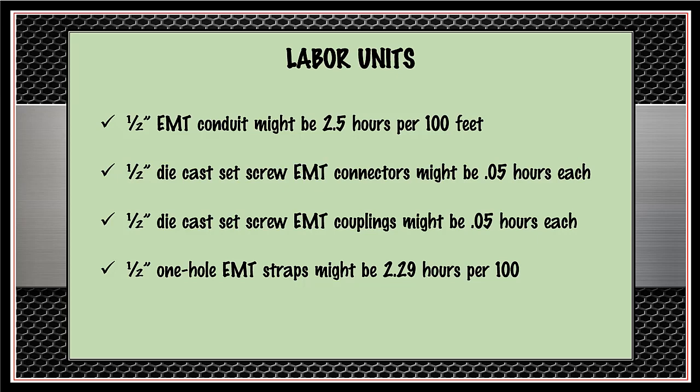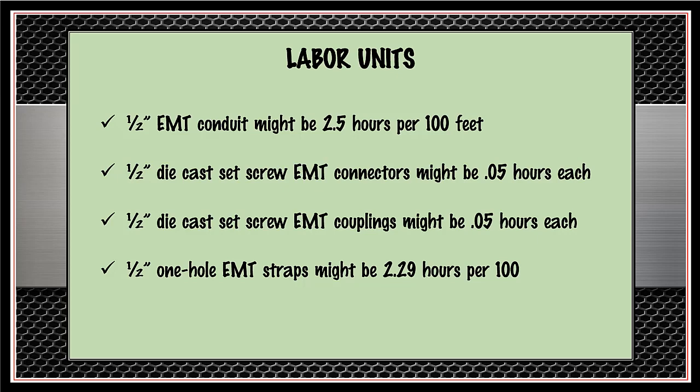This is because labor units are adjustable to meet the difficulty of a particular project or to meet a company's actual installation rate. What I'm saying is, there is a general time frame allowed for each piece of material in the electrical trade. It is the estimator's job to adjust these allotted time frames to meet actual conditions based on difficulty or labor ability.